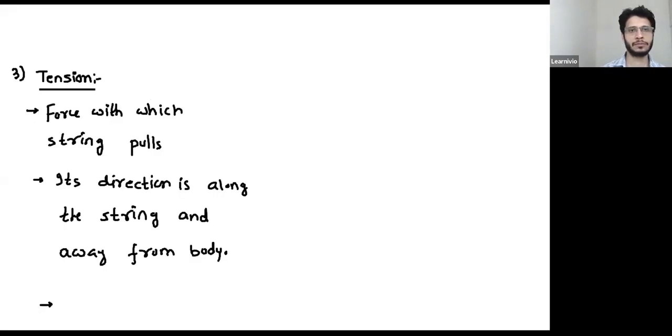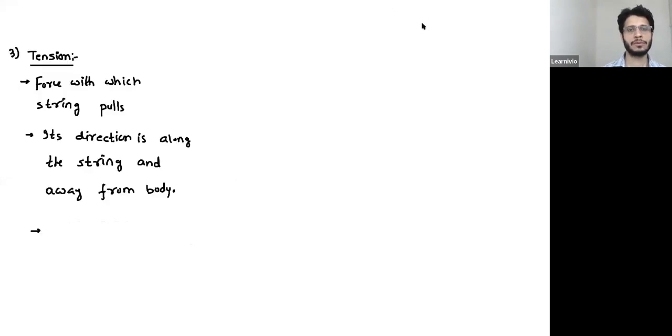Is it upwards, downwards? Tanya, puzzle. Upwards. Very good.